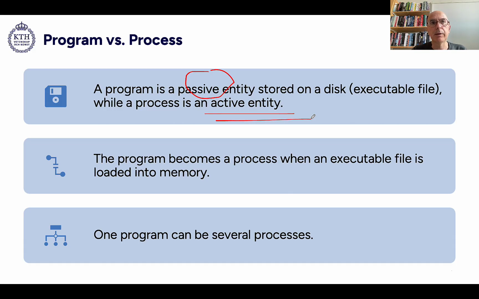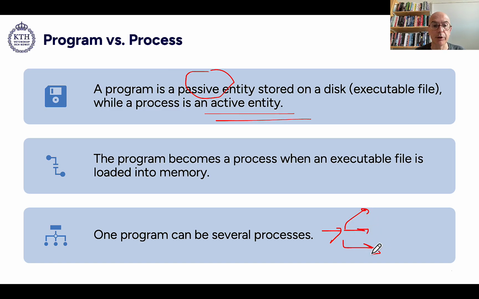An important aspect when it comes to program and processes is the fact that one program can have several processes. So for instance, we have a program. We start with one process. At a certain point, we want to distribute the task across different processes, so we can actually spawn different processes.